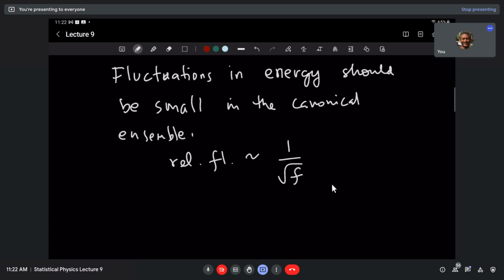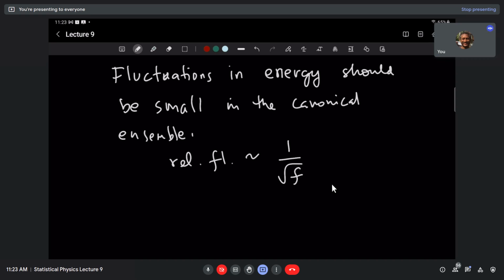They are not the same. But if you have an ideal gas with an Avogadro number of particles, then f is of the order of 10 power 23. Square root of f is like 10 power 12, so relative fluctuation is 10 power minus 11 or 10 power minus 12, which is very, very small, right?